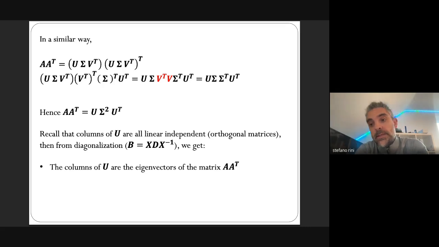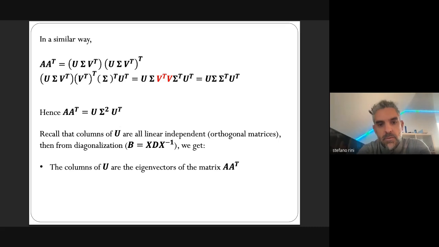Then, of course, we look at the other direction, in which we do A times A transpose. In this case, the flipping will be in this order. So what gets cancelled is the V transpose in the middle, so that this is equal to U sigma transpose sigma U transpose. And so we have that A times A transpose is equal to U sigma square U transpose.